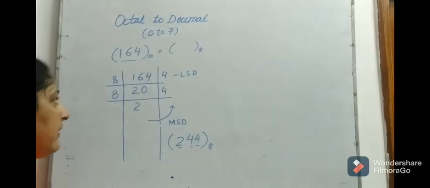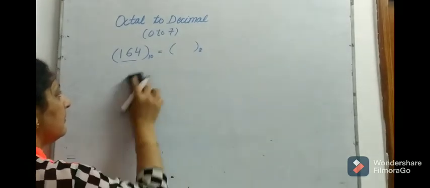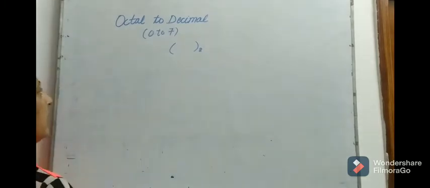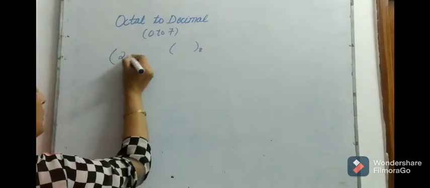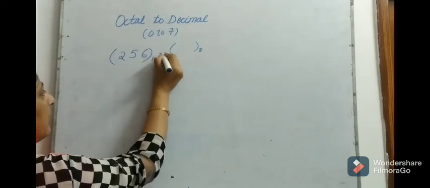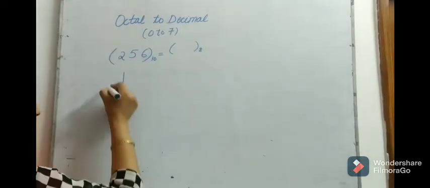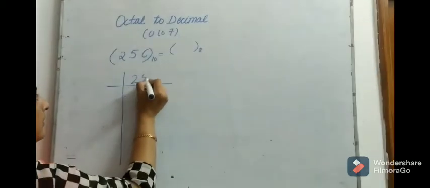Let's do one more example. Now I am taking the number 256. Its base is 10 and I need to convert it into an octal number. Same procedure: divide the number by 8.